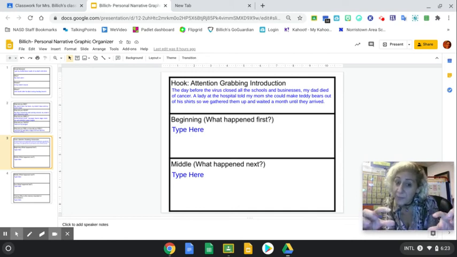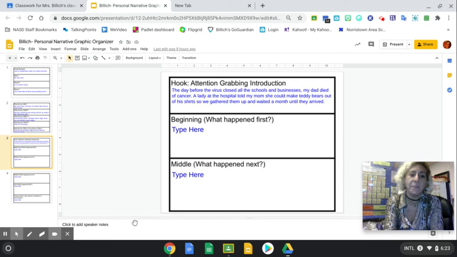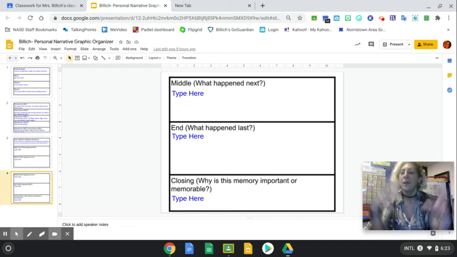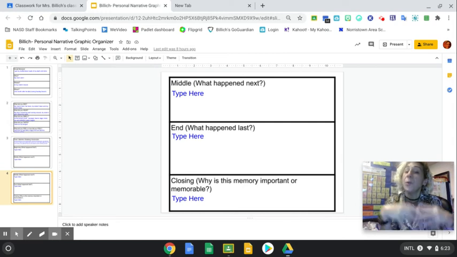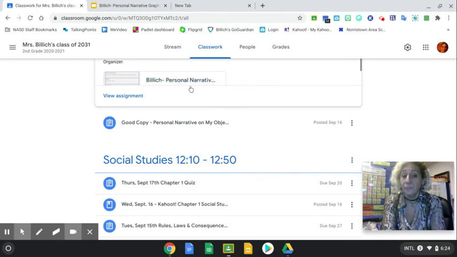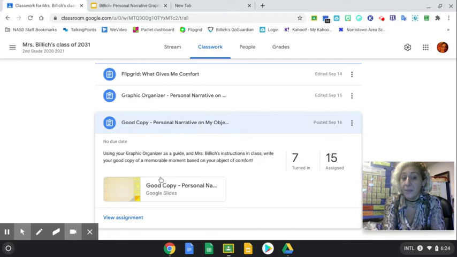What happened first in the beginning, what happened next in the middle, and what happened in the end, and then a closing where they explain why this memory about their object of comfort is so important or memorable. Now, this is the graphic organizer that they filled out, and then they're supposed to move on to a good copy. This is what we worked on for reading. If they moved on to the good copy, it was right underneath.